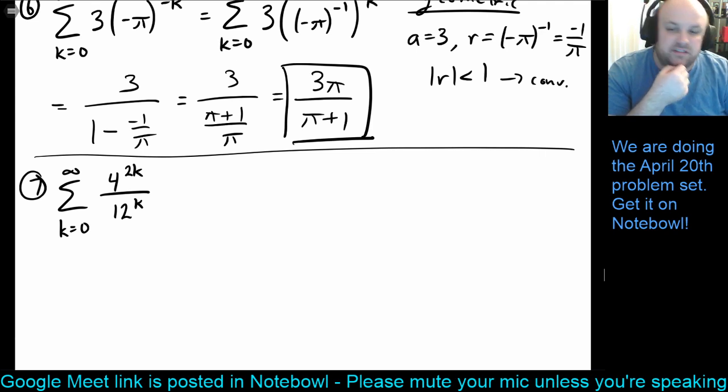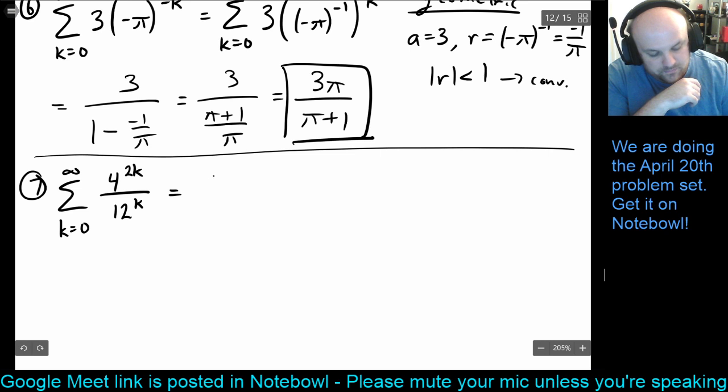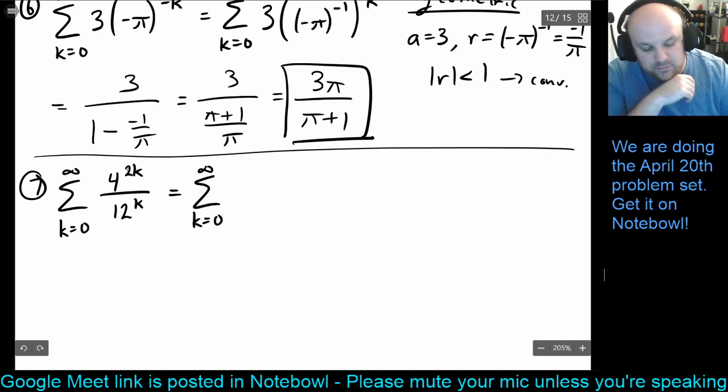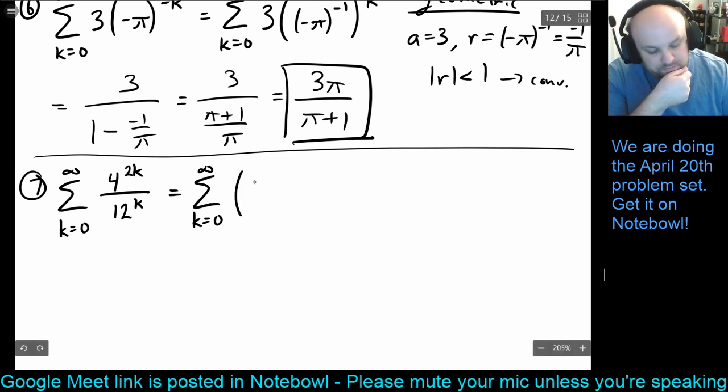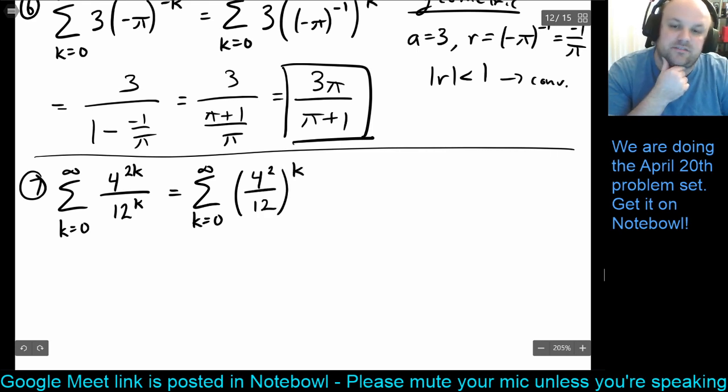The answer here is yes, this is a geometric series. We can use those same properties of exponents here to say, all right, I'm going to pull the kth power out of both of these. This will be 4 squared on top, 12 on the bottom, and then the k comes out like this.